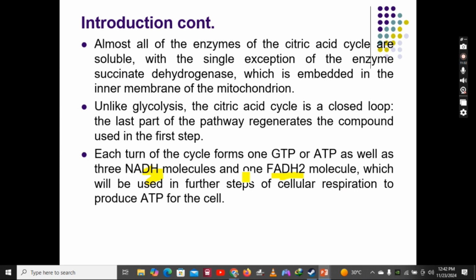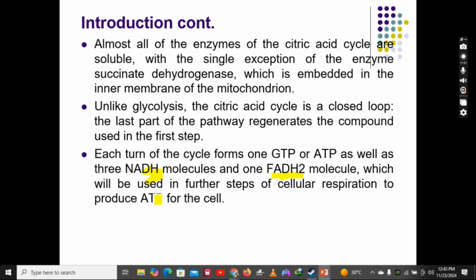These are reduced forms, and they are electron carriers. They are able to carry electrons and go on and donate them onto another process or another reaction.